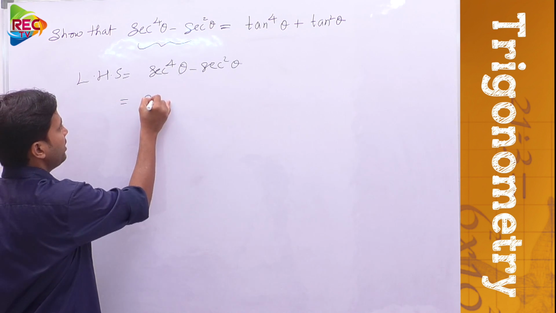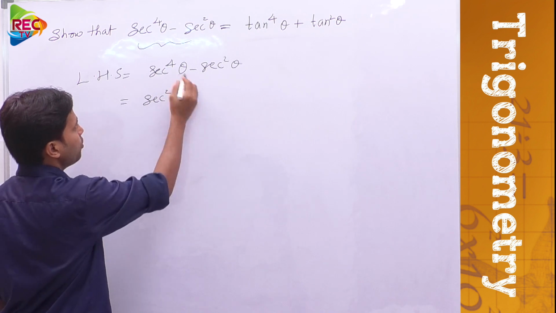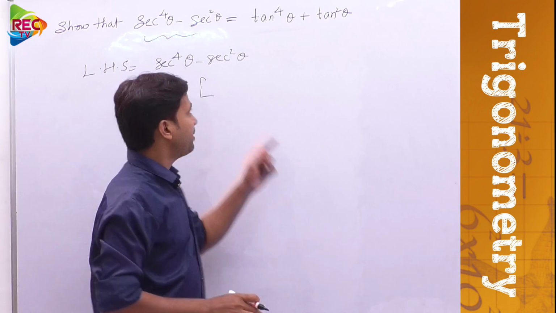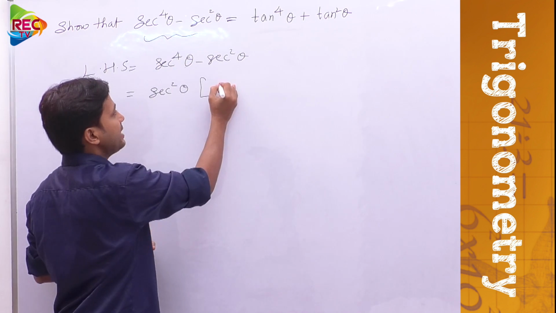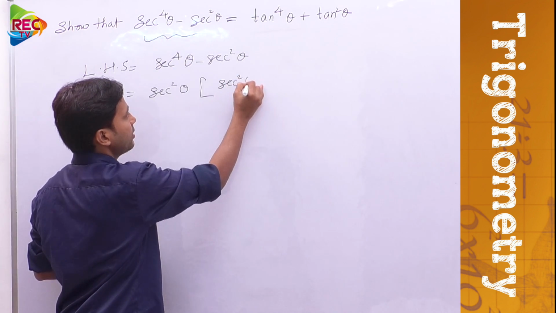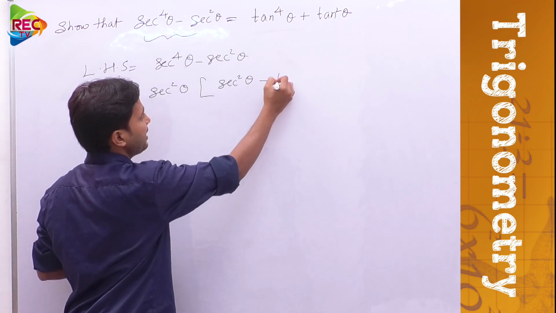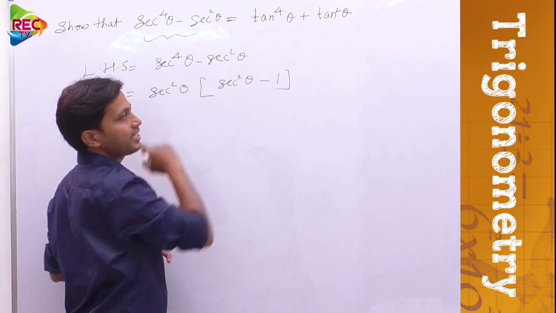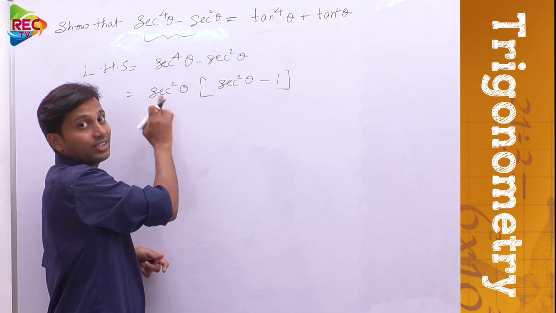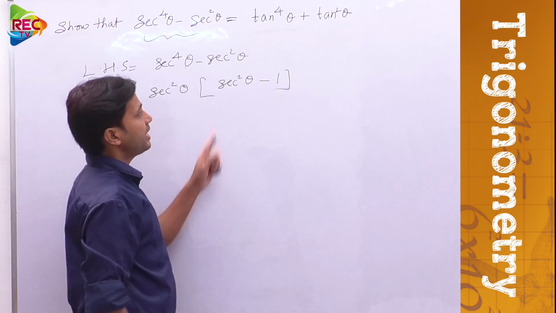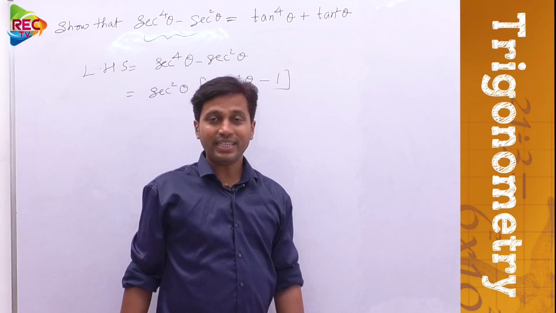So take common secant square theta from both of the terms. Now from secant power 4 theta, if we take secant square theta out, then what is left over? Secant square theta or not? Minus secant square theta is taken common, so therefore here 1 is left. From these two terms we took secant square theta in common, so therefore secant square theta minus 1 is left inside the bracket, right?